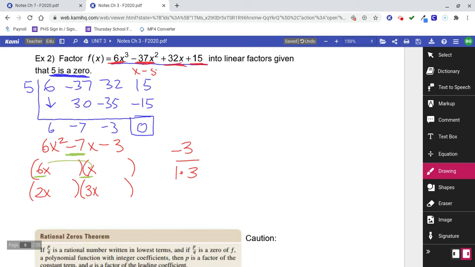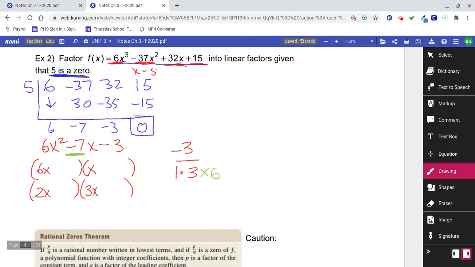If you think about the FOIL process here, the number that goes over on this side is going to get multiplied by 6. So I would just play with the numbers over here. If I had 6 times 1, that's 6. Plus 3 is 9, or minus 3 is 3. That's not going to cut it because that's not going to produce 7. So I know that's not going to be the case.